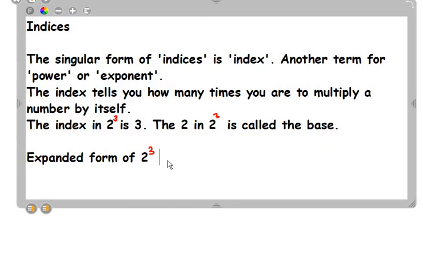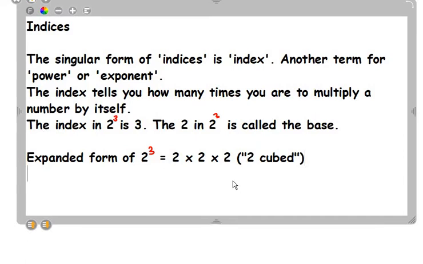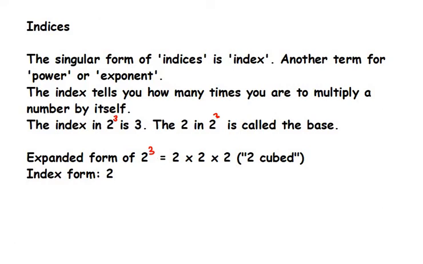The expanded form would be 2 multiplied by itself 3 times. So this is 2 cubed in expanded form. Alright, so this is the index form, 2 cubed, and the index form is just the form of the number that uses an index or power.